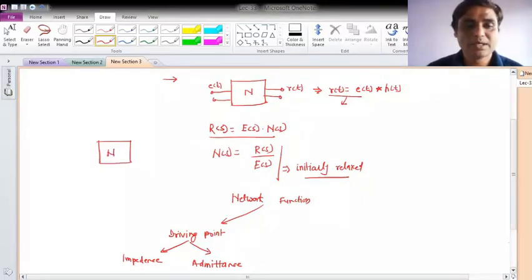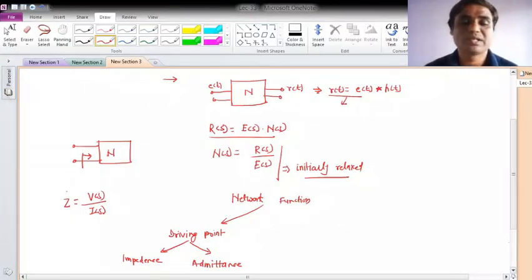If I would like to compute the driving point impedance, basically the driving point impedance can be defined as the Laplace transform of the response, which will be in terms of voltage, and the excitation is current. This has to be measured from the same pair of terminals, only then it is called a driving point. Understood? So driving point is where I am measuring the response and the excitation from the same terminal.